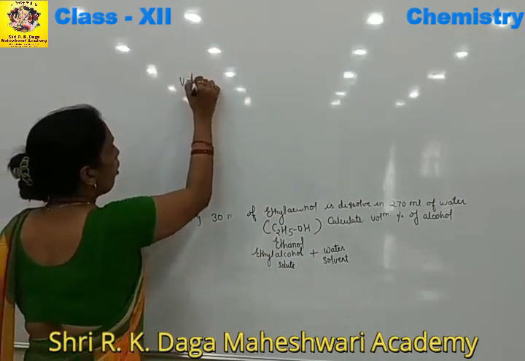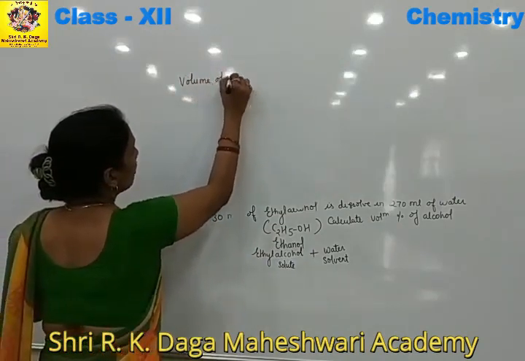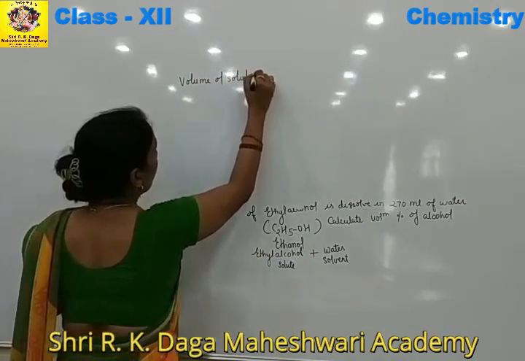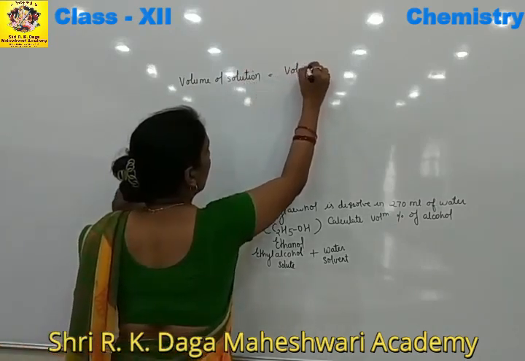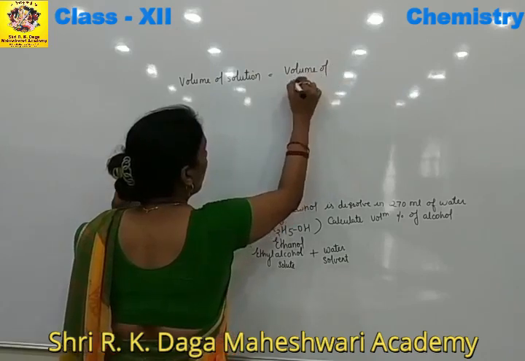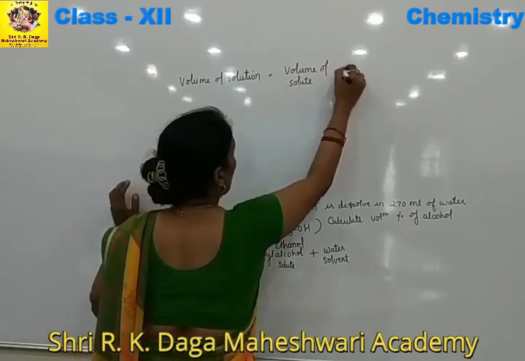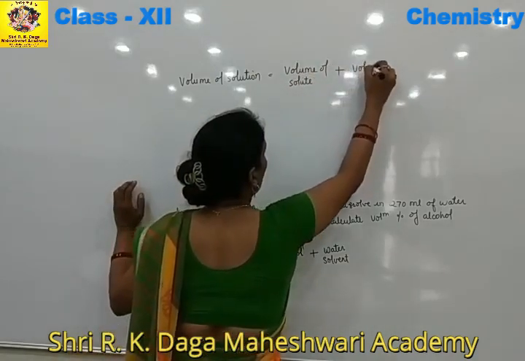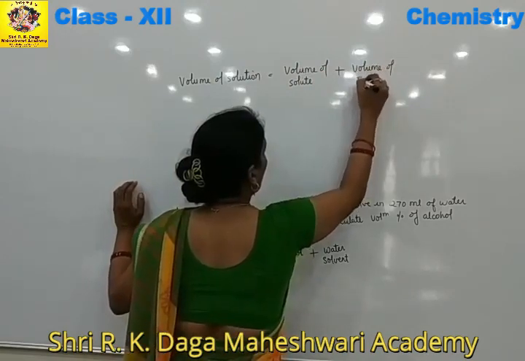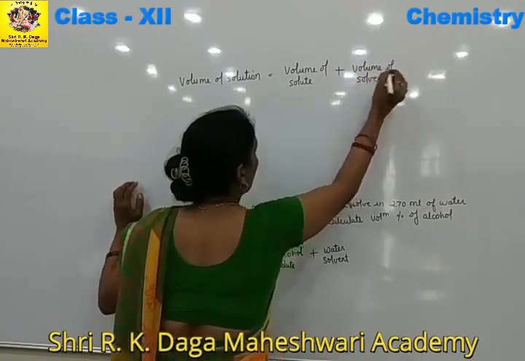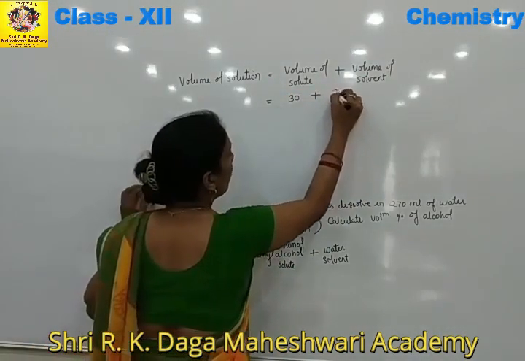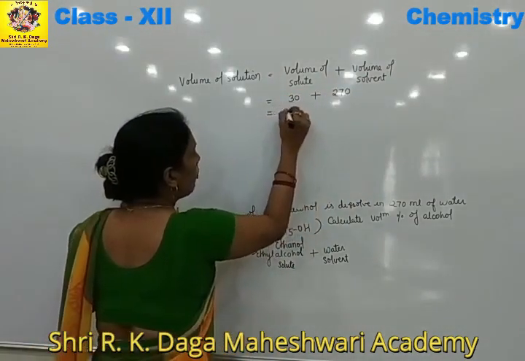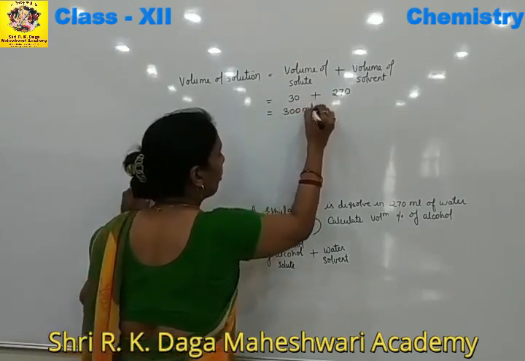So volume of solution equal to volume of solute plus volume of solvent. Volume of solute 30 ml, volume of solvent 270 ml. So volume of solution will be 300 ml.